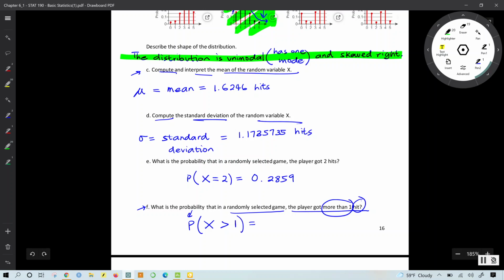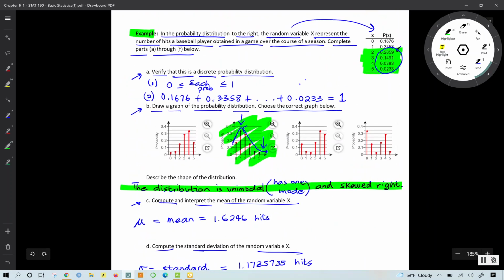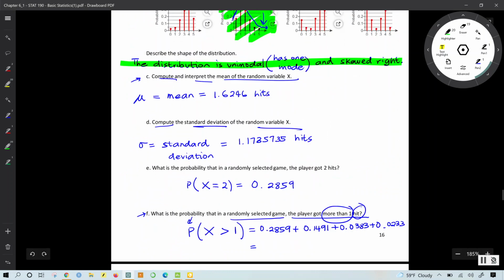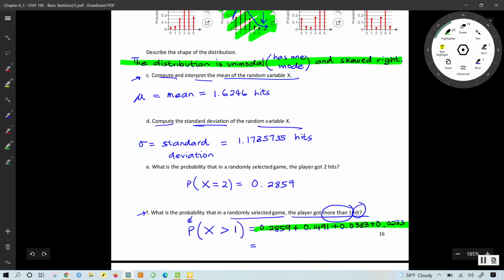So that will be adding up all of these values: 0.2859, 0.1491, 0.0383, and 0.0233. Right here on the screen, I've written out all the probabilities, and the addition should be 0.4966 approximately. This is the probability that the player got more than one hit.